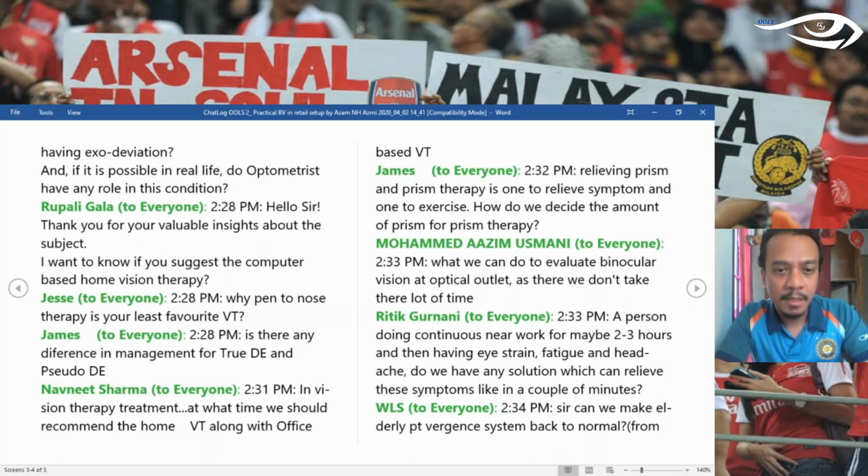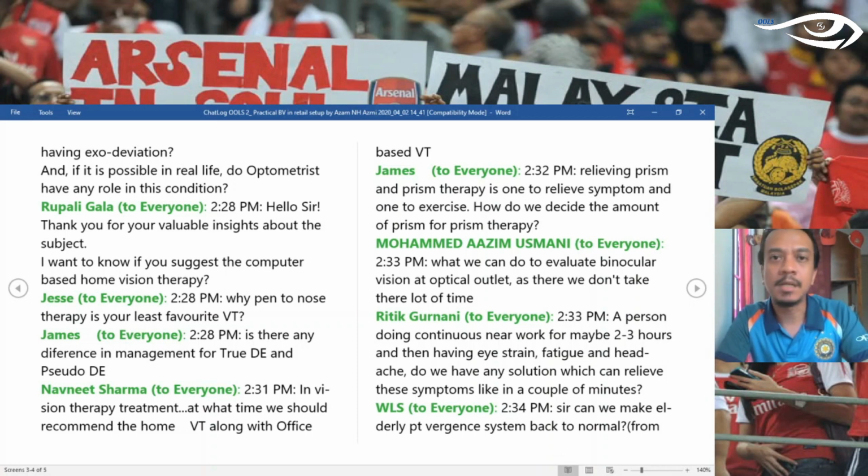Okay, James again, is there any difference in management for true divergence excess and pseudo, or simulated, I would say, not pseudo, simulated divergence excess exophoria? This is actually another topic under intermittent exotropia. Yes, the management is different. It very much depends on the type of intermittent divergence excess exotropia, whether it's true or simulated.